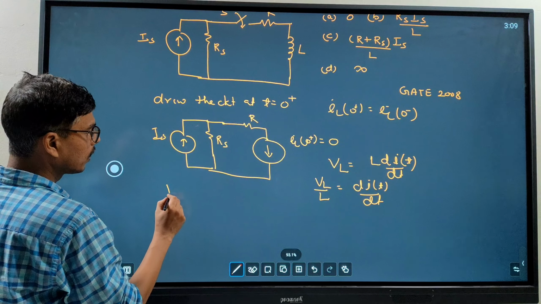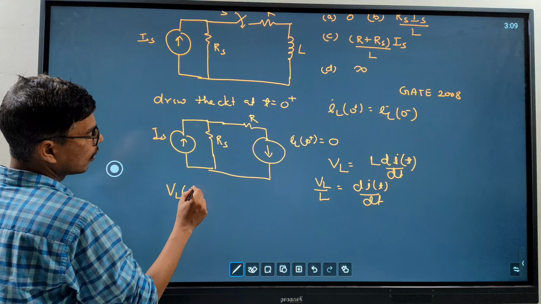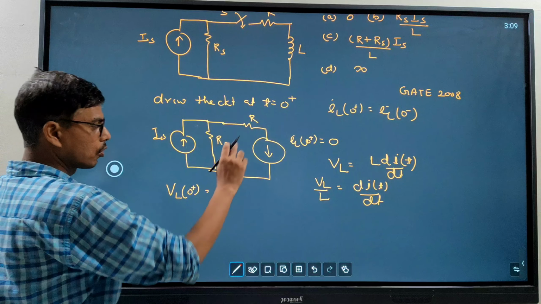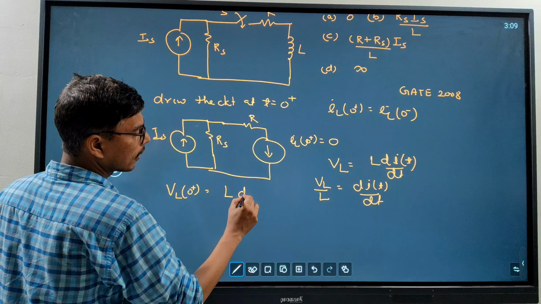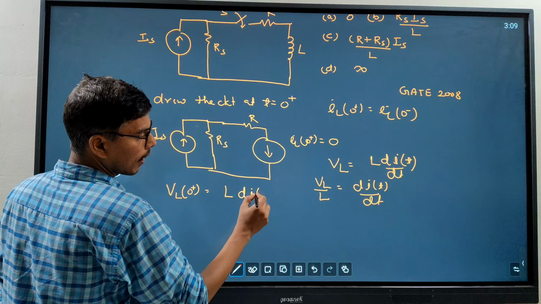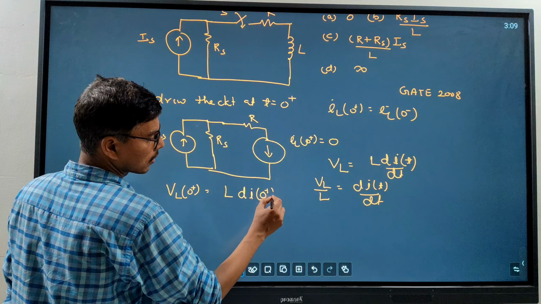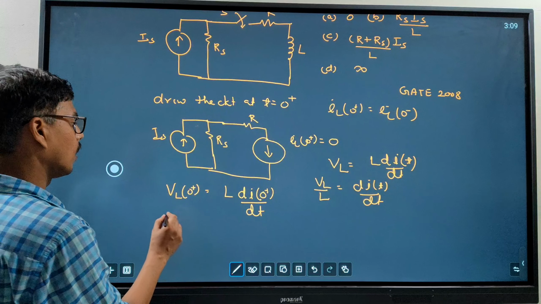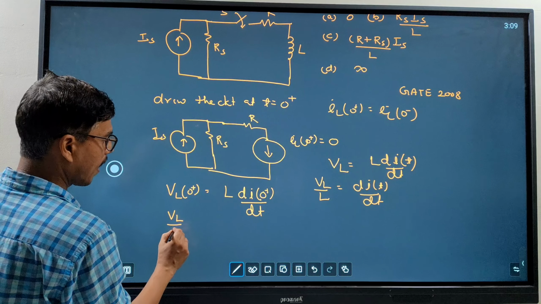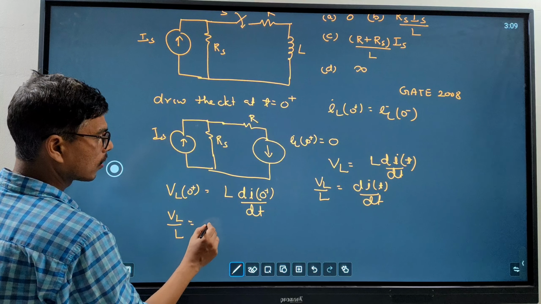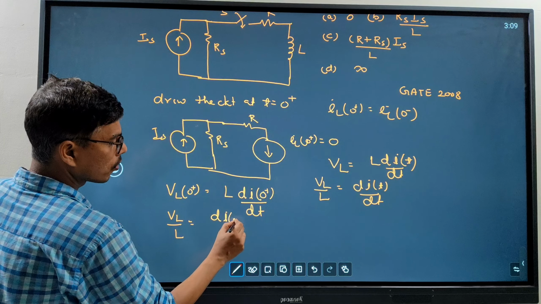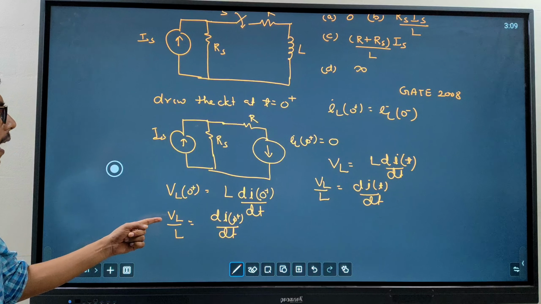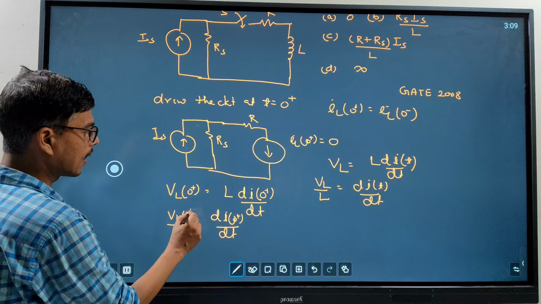So VL at 0 plus, the voltage across the inductor at 0 plus, is L di(0+)/dt. So VL/L is equal to di(0+)/dt. Just find VL at 0 plus.